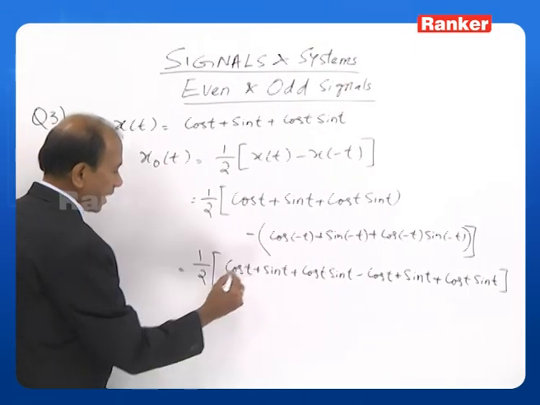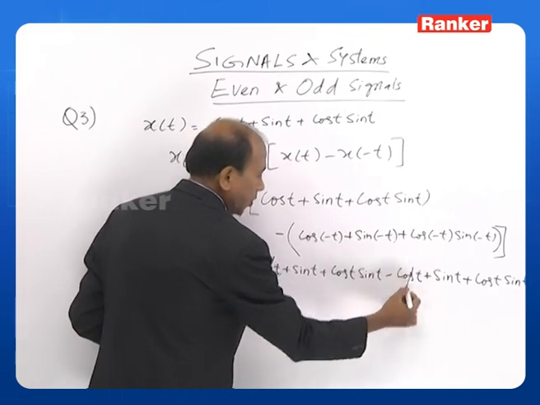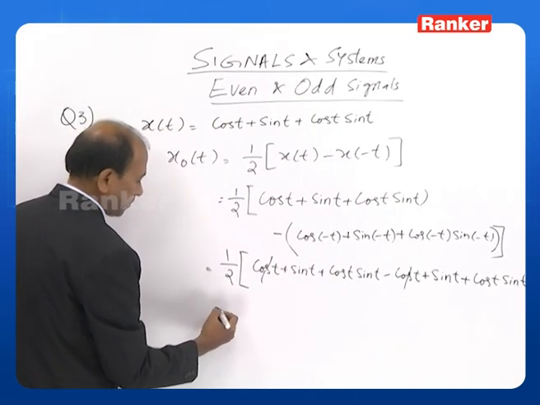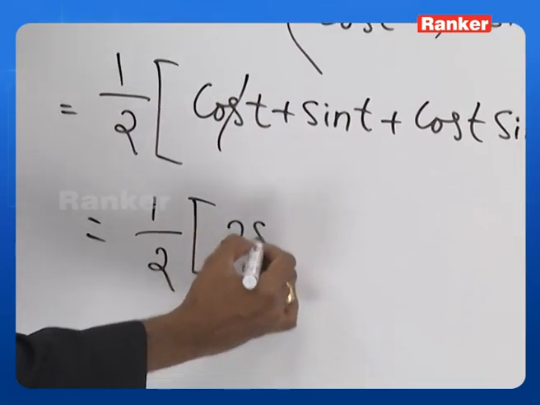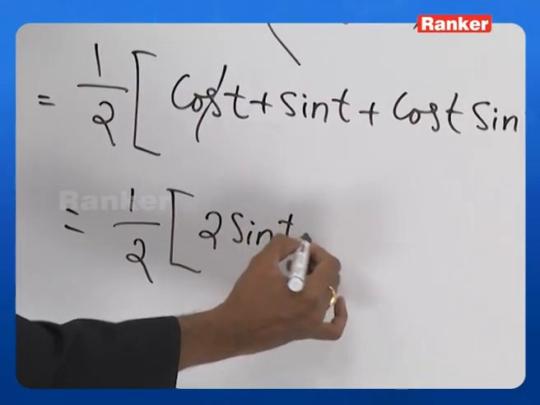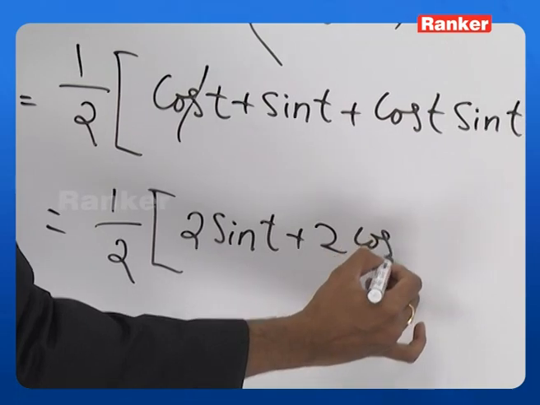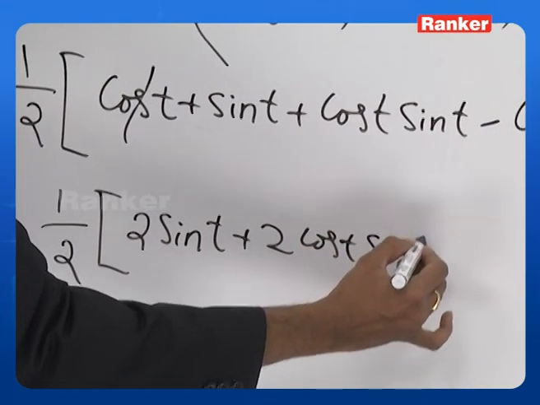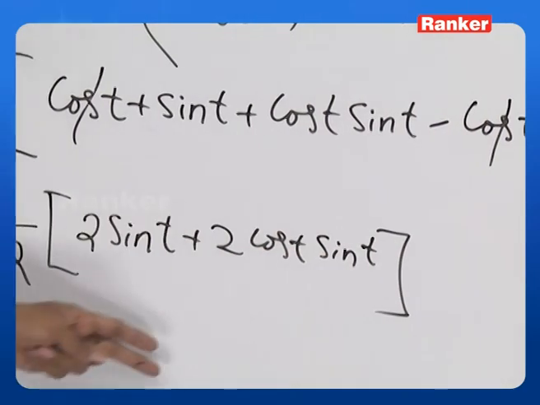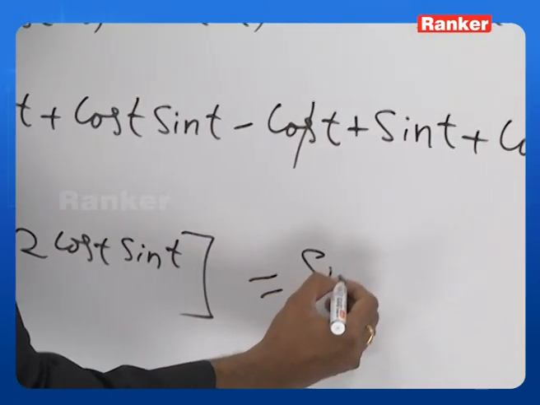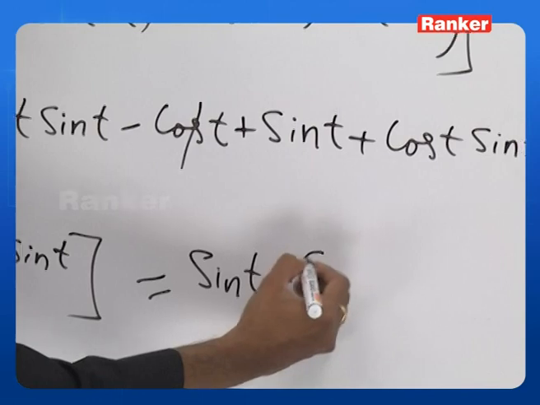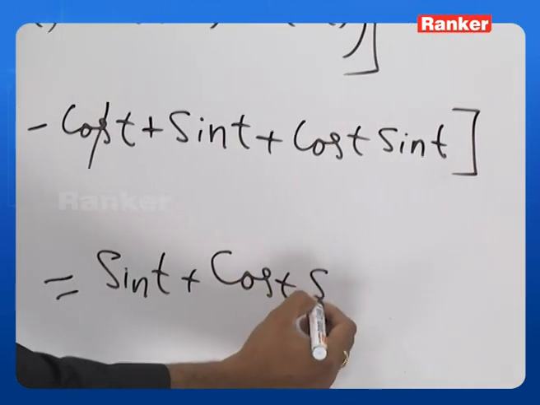Now, we can cancel these two and this will become half of 2 sin t plus 2 cos t sin t, and this is equal to sin t plus cos t sin t.